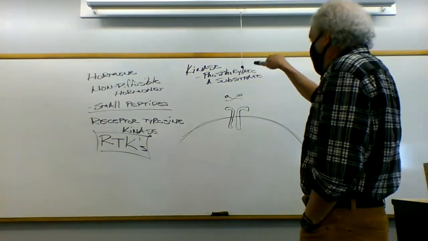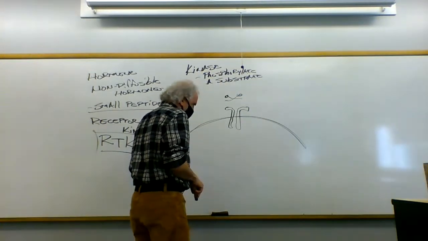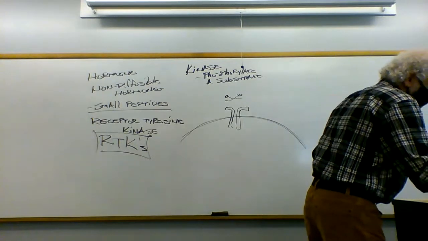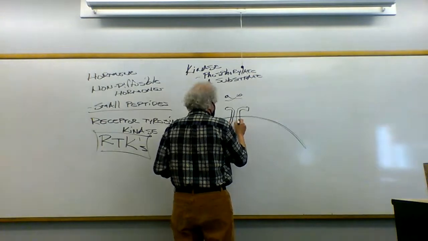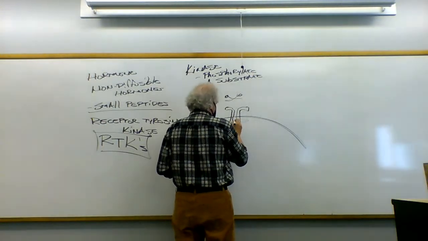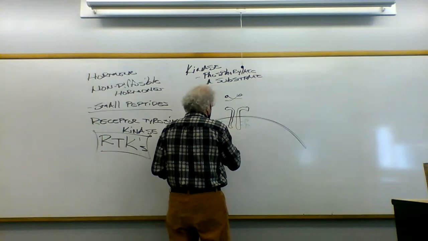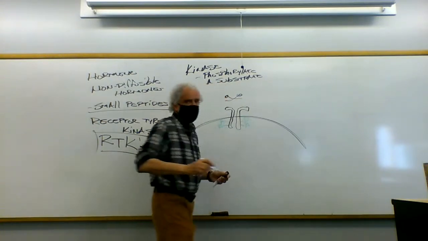So the kinase is actually integrated in the receptor. And what the receptor is going to do, it's going to cross-phosphorylate itself. It's going to add a phosphate over here. And this guy is going to phosphorylate this guy. And they actually do it in several spots. So you got these big negative charges here floating around.